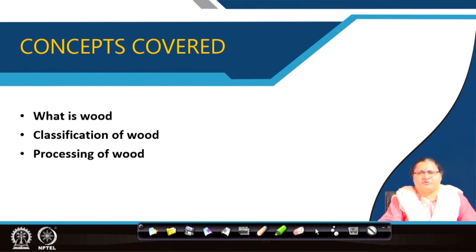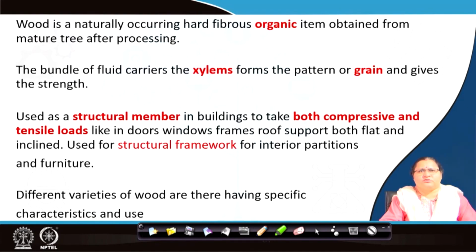So, if we look into what is wood, it is the hard fibrous organic item formed from the mature tree after being processed. There are lots of carriers of water, bundles going from the root, transporting water and minerals to the leaves.